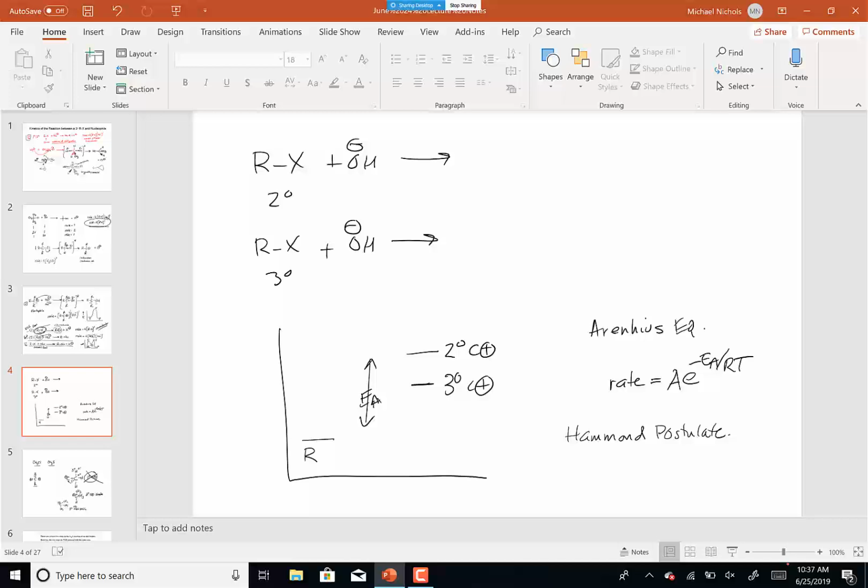Okay? Now, let's make it endothermic to start with. So I'm going to raise the energy up on the products. What happened to the position of the transition state? Where did it move towards?